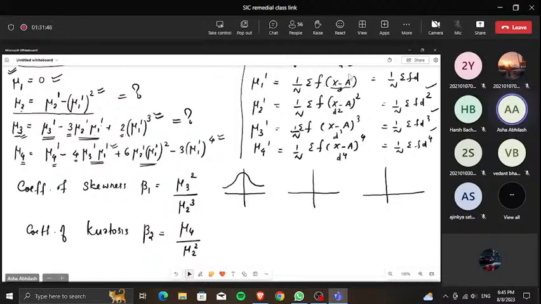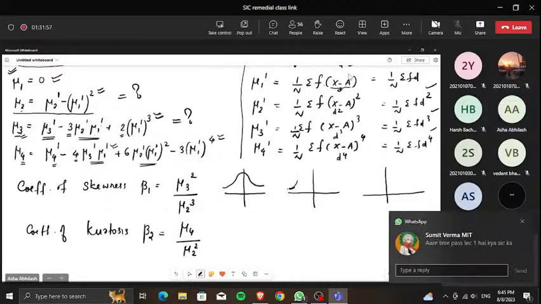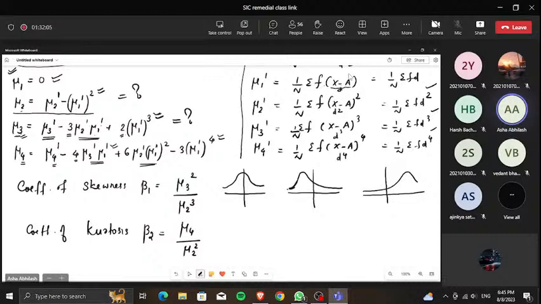Yes. So this is the normal distributed curve, and if it is skewed towards the right, then it will be positively skewed, and if it is towards the left, then that will be negative. So how much stretching there is towards the right or left corresponds to positively or negatively skewed. How can you identify from this formula whether the distribution is negatively or positively skewed?